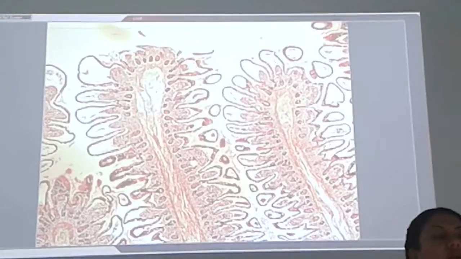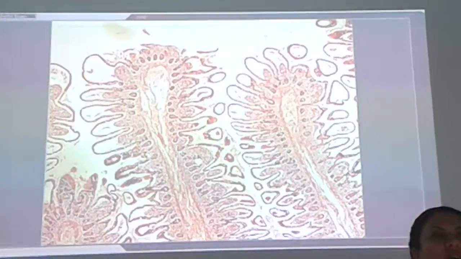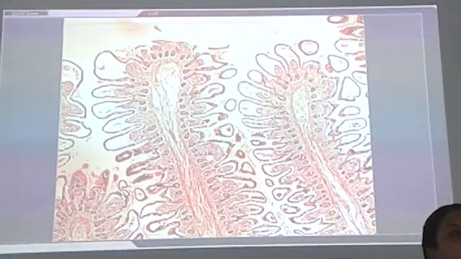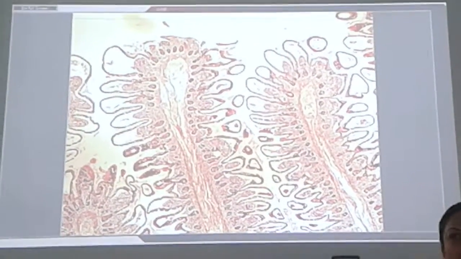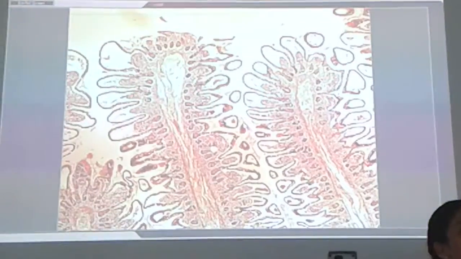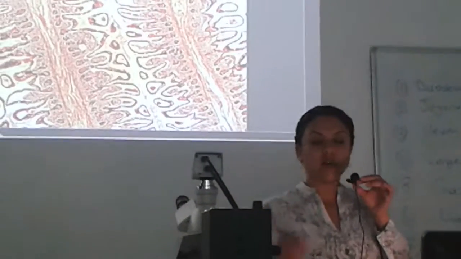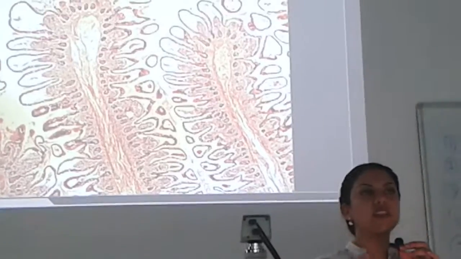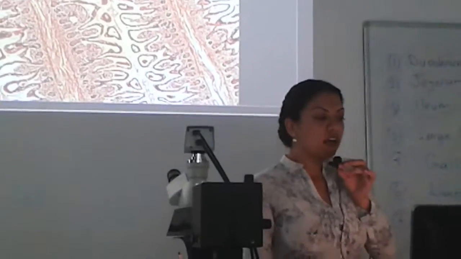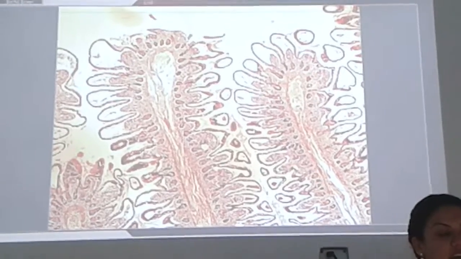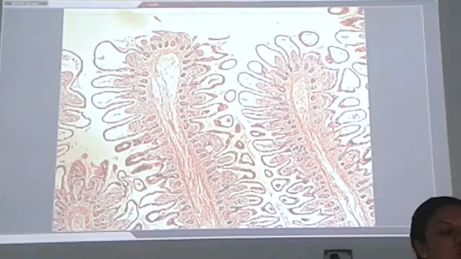Alright, in the duodenum, the distinctive feature is the Brunner's gland, and in the jejunum, the distinctive feature is that the villi are longer. Okay, the longest villi are found in the jejunum. Look, these are villi, and these are the long villi.